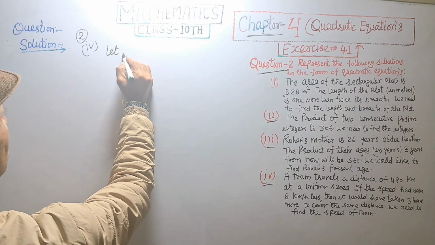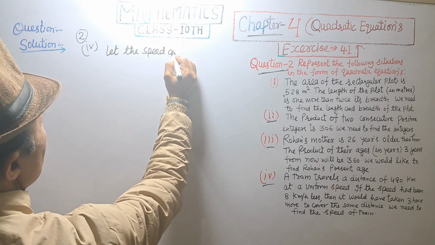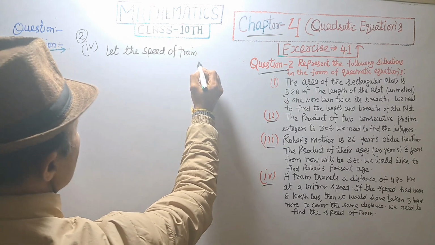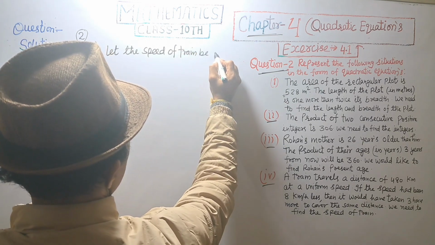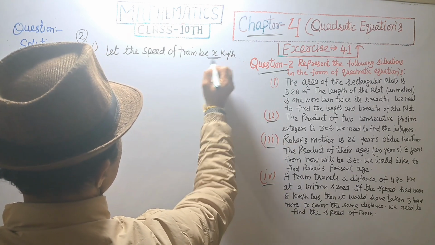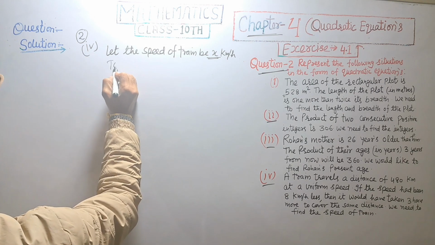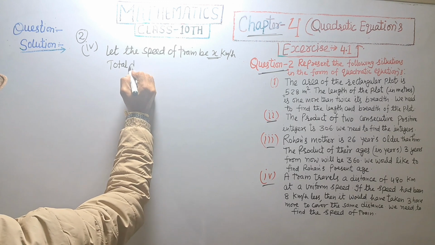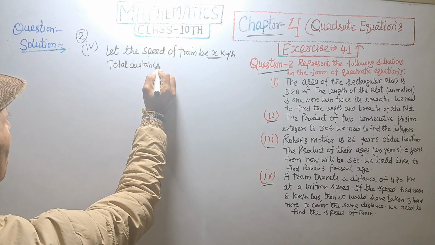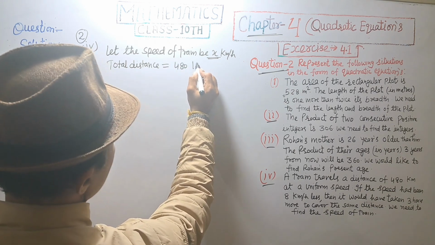Let the speed of the train be x kilometers per hour. Total distance is equal to 480 kilometers.